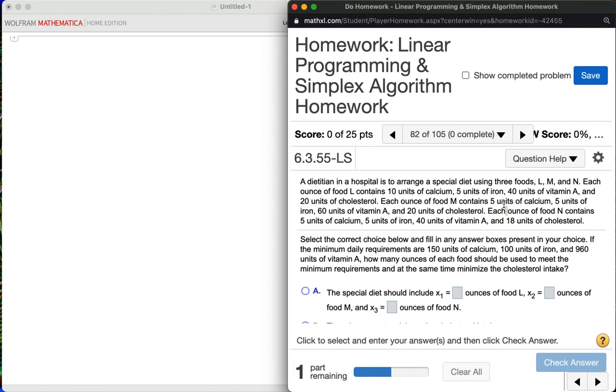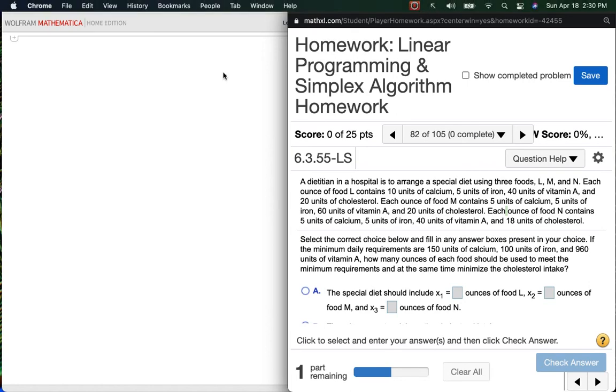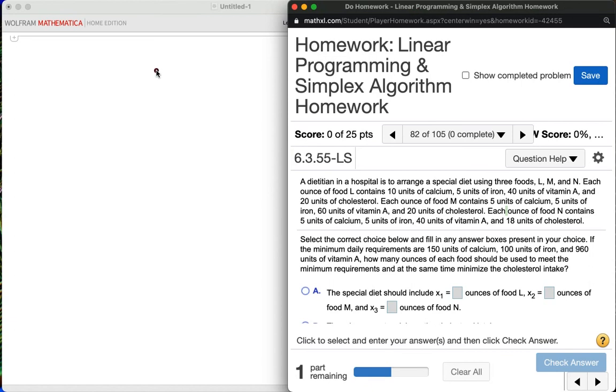The constraints are pretty easy to figure out. It's the objective function that's going to be a little bit tricky. Let me write this down for you guys. This problem is a little bit tricky, but let's see if we can figure it out.